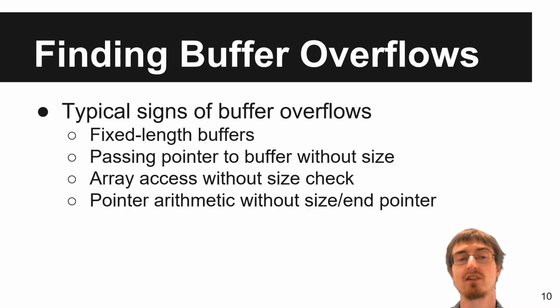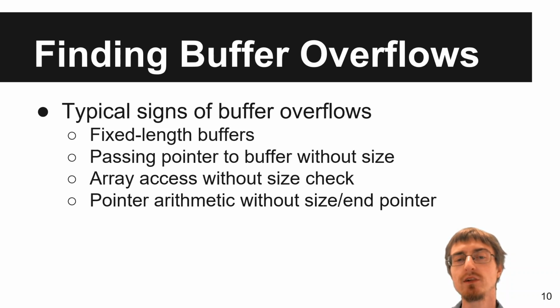One of them is fixed size buffers. Especially on the stack, this is common, and it means that you need to explicitly check whether whatever you're writing fits in the buffer. So there might be incorrect assumptions and there might be missing checks. Passing a pointer to a buffer without a size is also often a sign of buffer overflows.